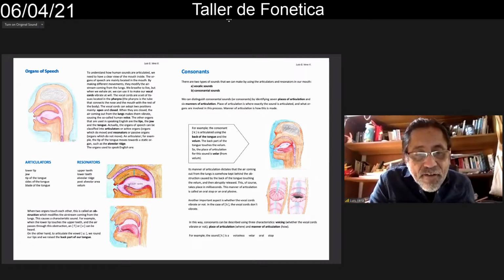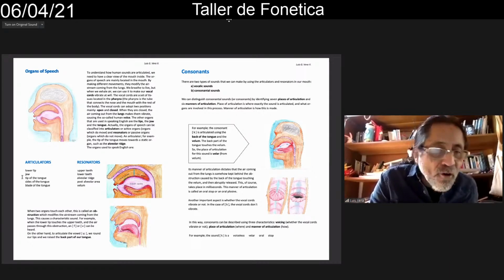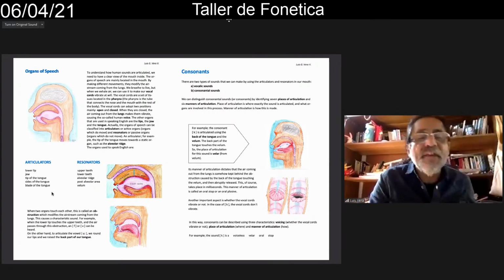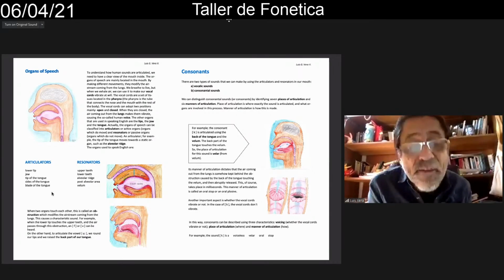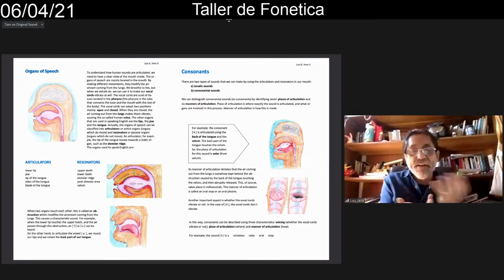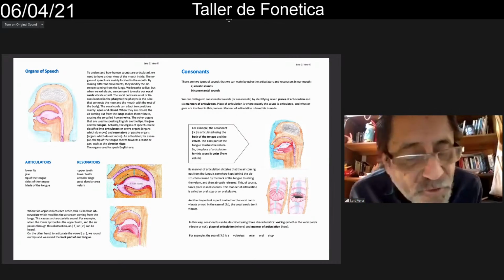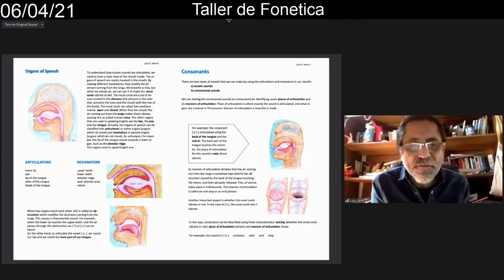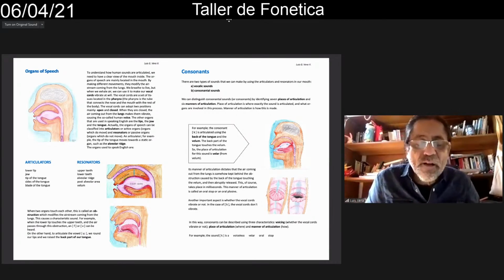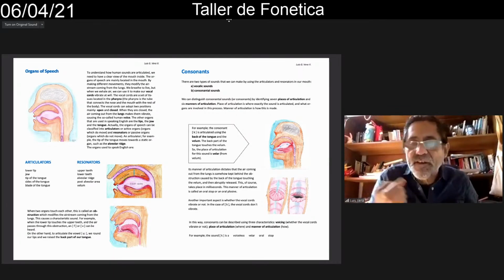Blade of the tongue, that's this part, blade of the tongue. Upper teeth, and there come the resonators, yeah. All these organs, articulators, means that they move by themselves. They have nerve endings and then they move. But the other organs don't move or move not too much, yeah. I mean, they are not the ones that activate the sound.